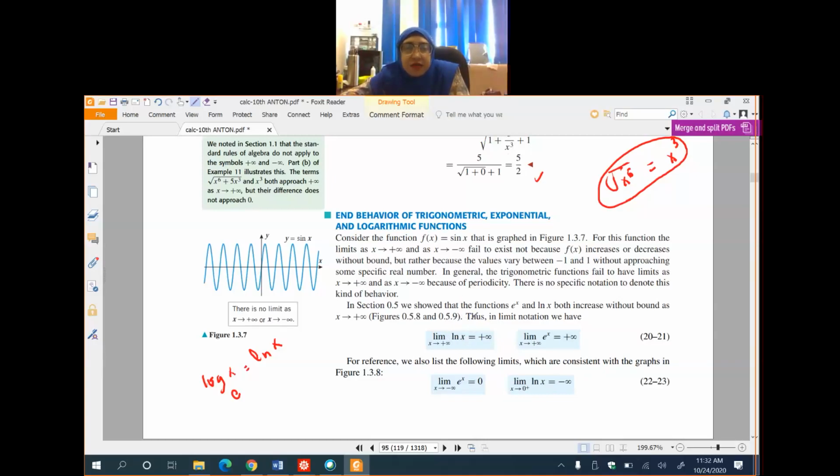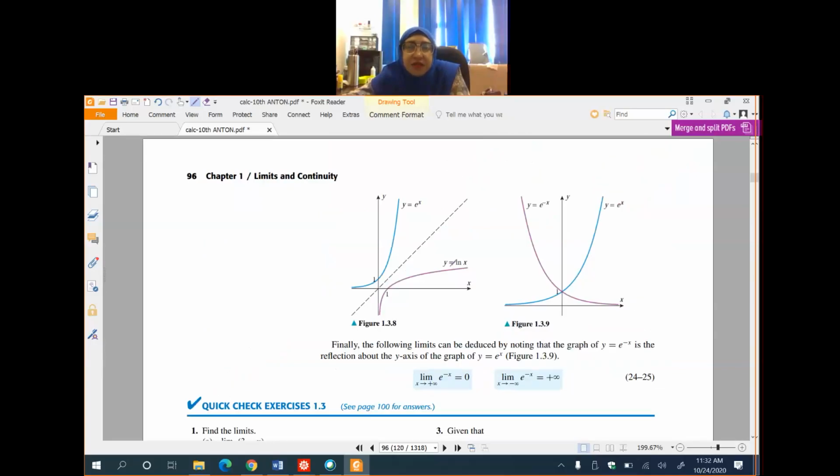So the graph of the exponential will be this one. So y is equal to e to the x, and then we know that ln is just the inverse function of the exponential.